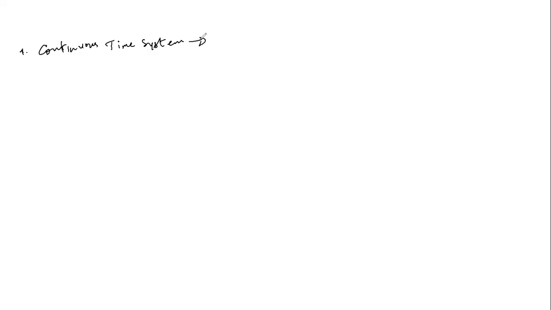A continuous time system is a system that takes in a continuous time signal as the input and produces an output that is equally a continuous time signal. So we have S of t going into the system, and then it produces an output Y of t. In other words, both the input and the output are continuous time signals.